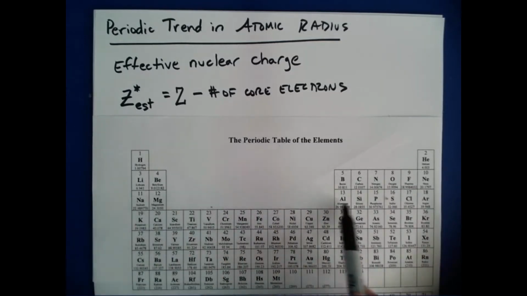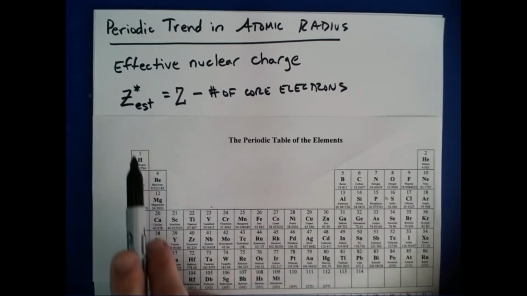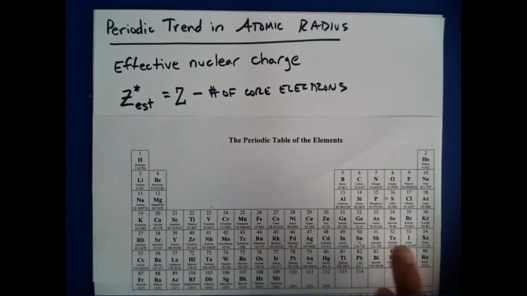As we move across this period, or really any period, the estimated effective nuclear charge goes up. And that has the effect of causing the size of the atom, the atomic radius, to shrink.